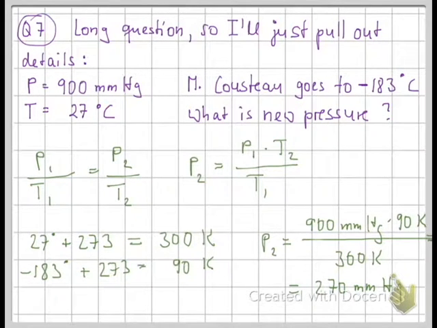So the approach is the same as for question 7, where you use Amonton's law, and I need to notice I did not write the name of the law in this slide here, but that's Amonton.